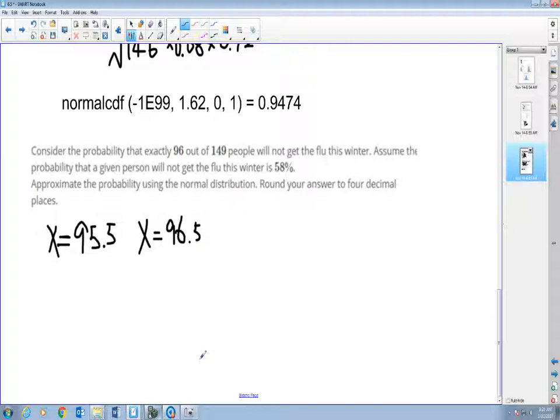Okay. Alright, so let's see, what else do we know? Number of trials, 149 people. Okay, that's my sample size. Probability that will not get the flu, 0.58. So the probability that they will get the flu, 0.42.